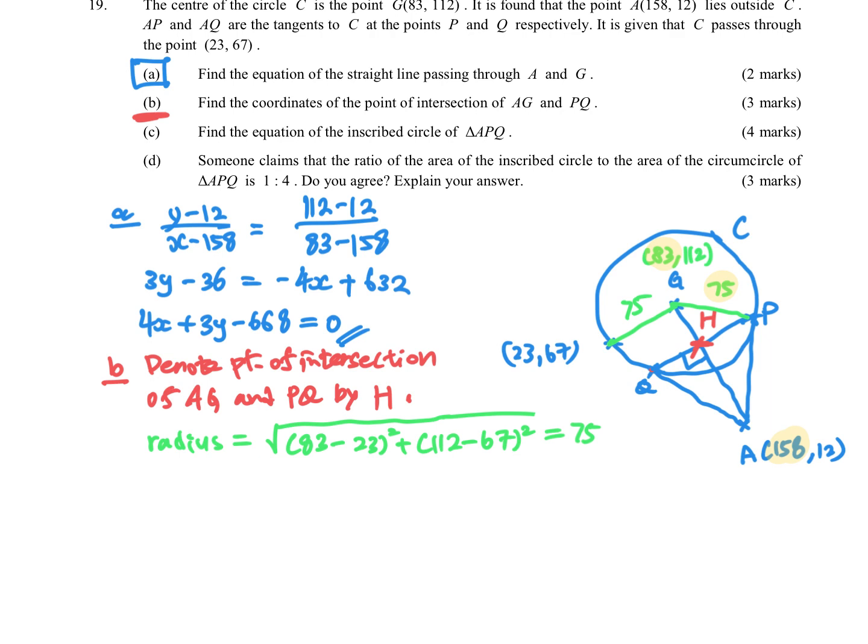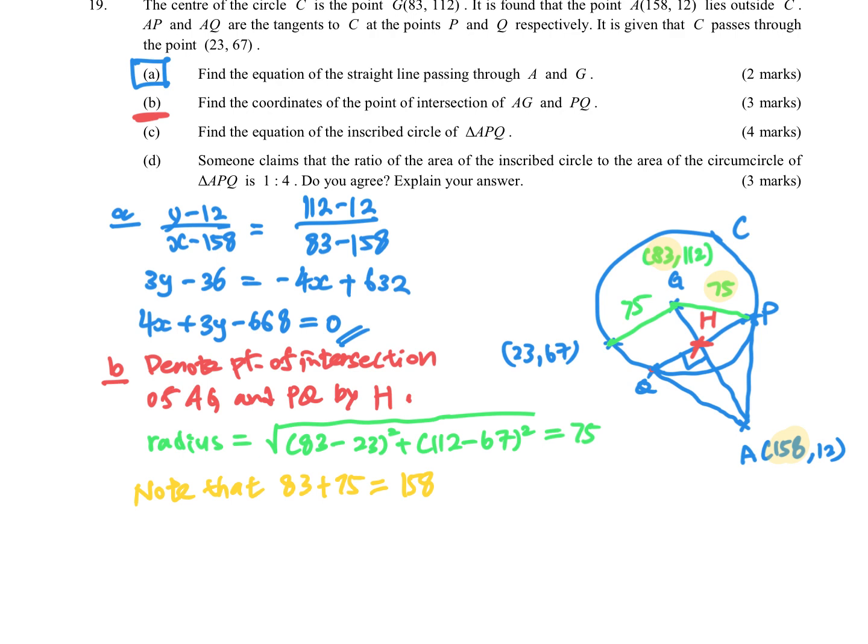Note that 83 plus 75 is coincidentally equal to 158, if you consider the x coordinate of point G as well as the x coordinate of point A with the radius. So what does that mean?